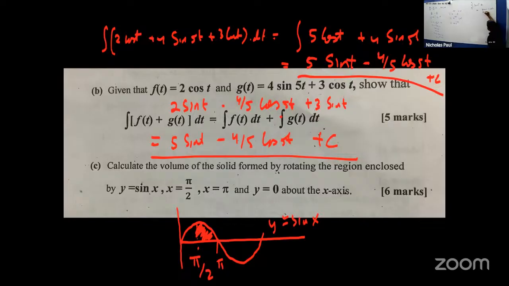So we know that sine squared x is equal to a half minus a half cos 2x. So we're really integrating between pi and 2 pi of 1/2 minus a half cos 2x dx.